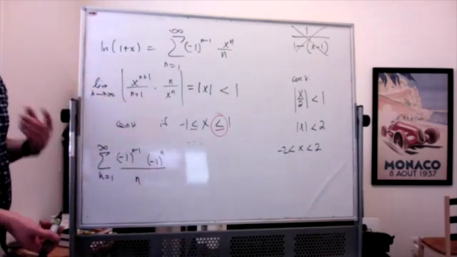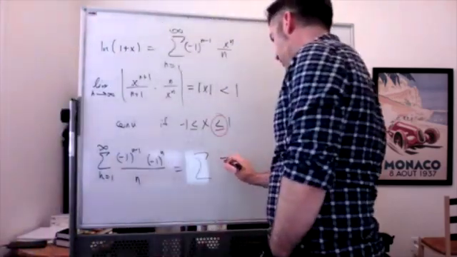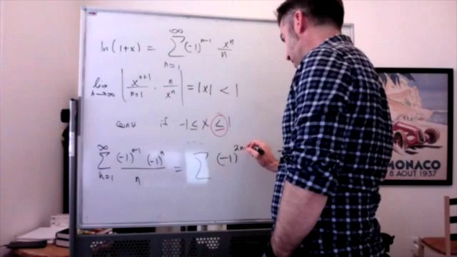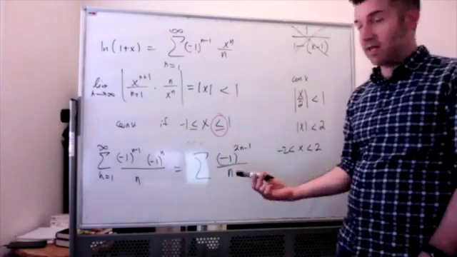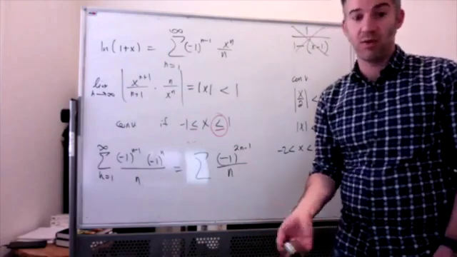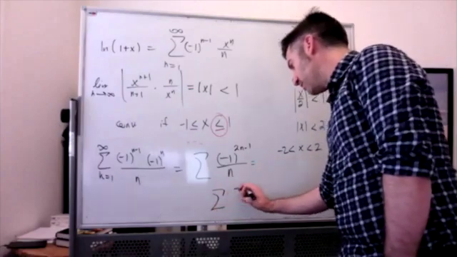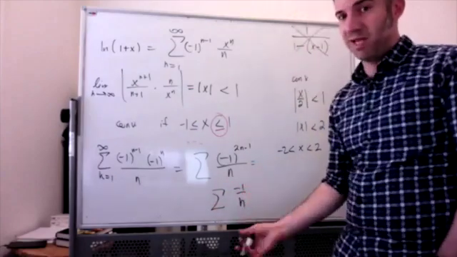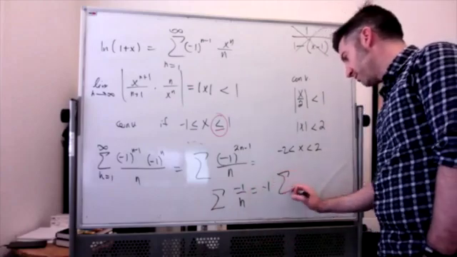Negative 1 to the n minus 1 times negative 1 to the n is negative 1 to the 2n minus 1. No matter what n is, 2n minus 1 is odd, and negative 1 to an odd power is always negative. So this is really just the sum of negative 1 over n, which is the negative harmonic series. You can just factor out the negative 1.